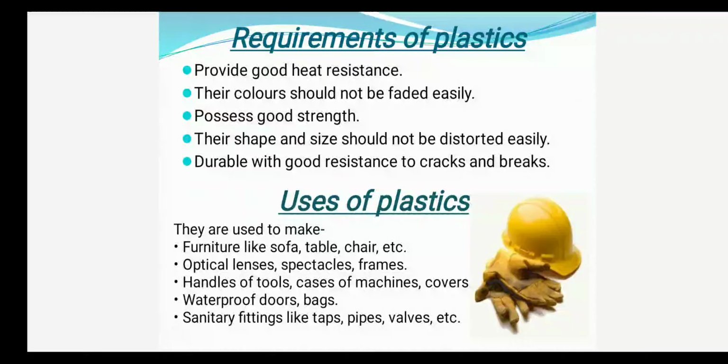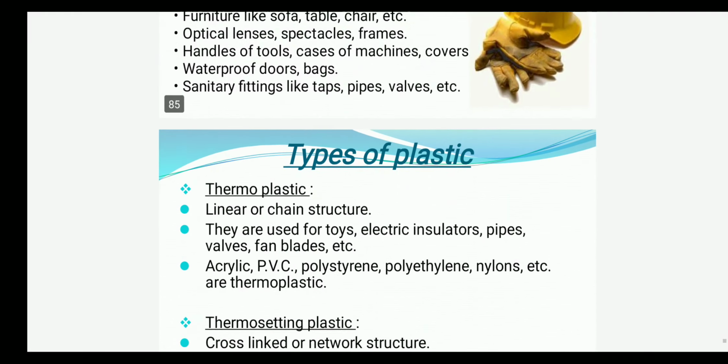Asbestos filled phenolic plastics resist corrosion and hence are used in water closets. Phenolic plastics are used in wall panels. Plastics are also used in furniture like sofas, tables, chairs, optical lenses, spectacle frames, handles of tools, cases, waterproof doors, bags, and sanitary fittings like taps, pipes, walls, etc.